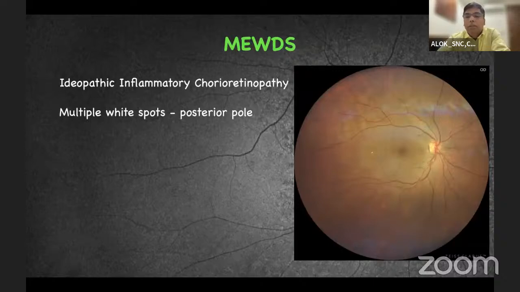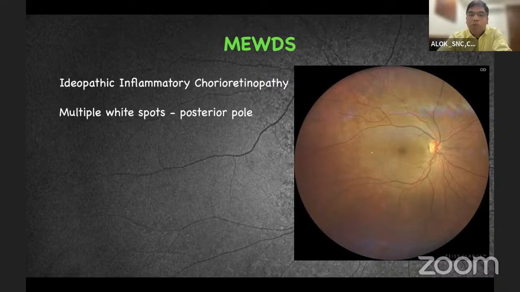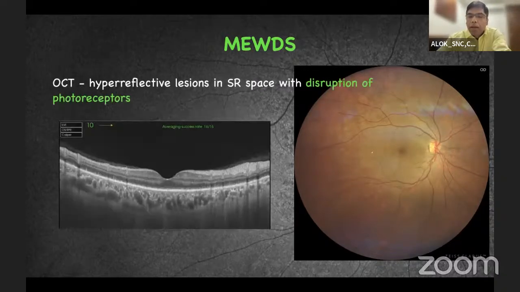Now, the other pathology in which fundus autofluorescence is useful is MEWDS. Here, what you see is multiple faint white lesions, predominantly in the posterior pole. And these lesions on OCT appear to be hyperreflective lesions in the outer retina, with disruption of the photoreceptors.